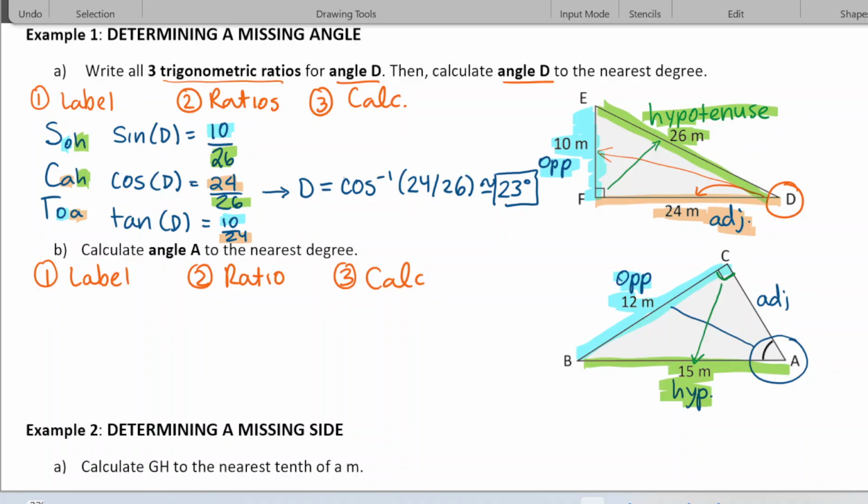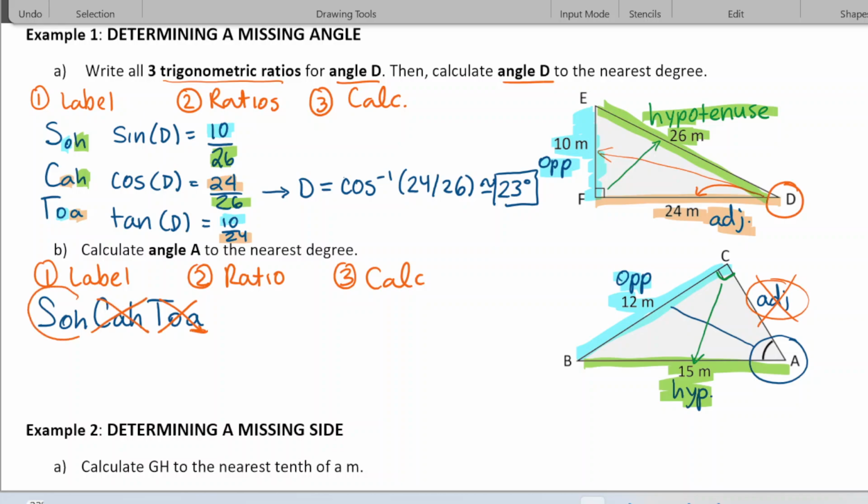So let's go ahead and write the word SohCahToa to help us decide which ratio to use. So sometimes I tell students it's actually easier to figure out which ratio we don't want to use. So I don't want to use any ratios with the adjacent side because I don't have that measurement. So I don't want to use the tan ratio because it has the adjacent side in it, and I don't want to use the cosine ratio.